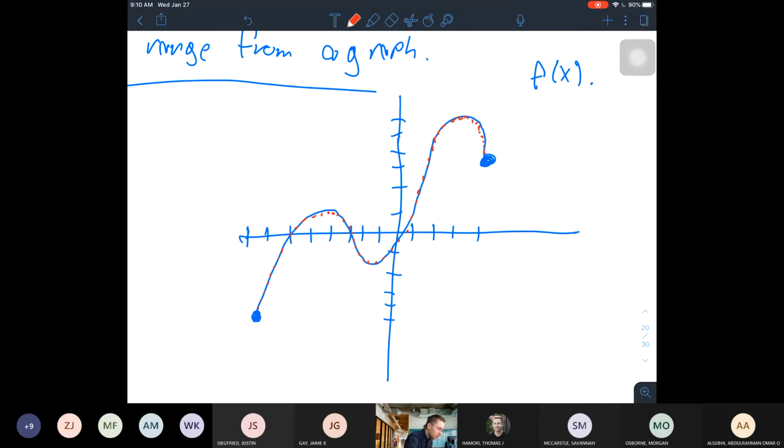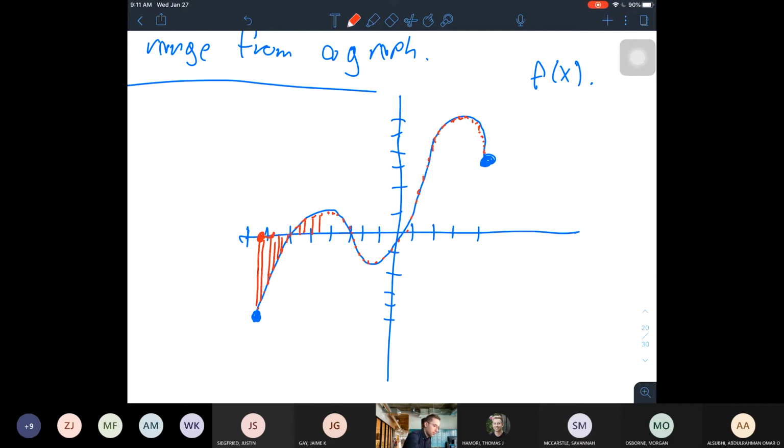If I'm looking at the domain, all I have to do is draw these up here, and we can see that the domain is all of these numbers along the x-axis for which we could draw a vertical line and hit the graph of our function.